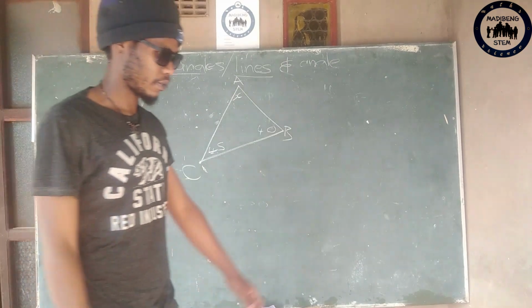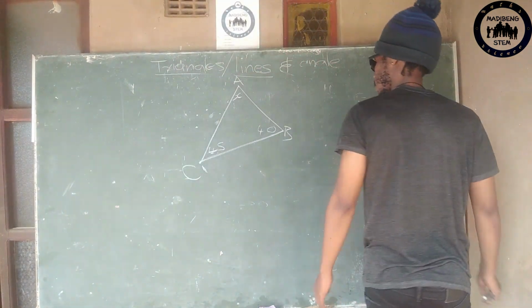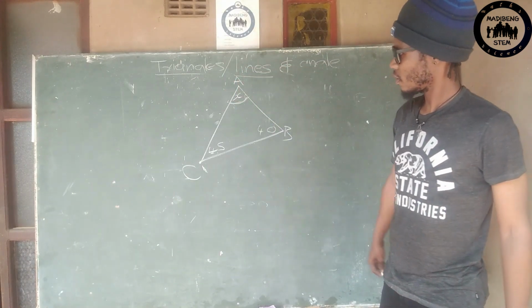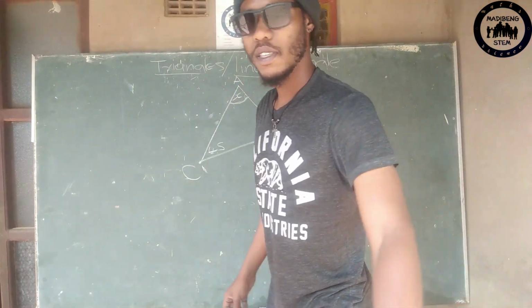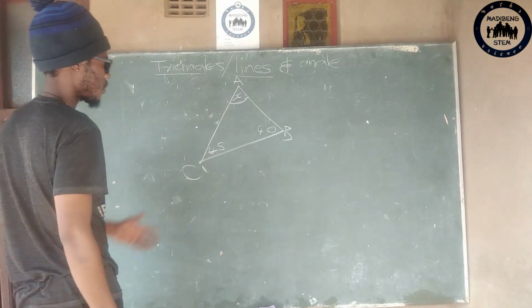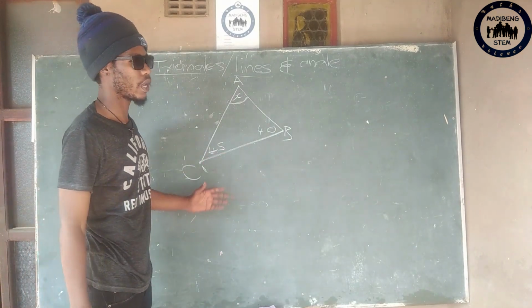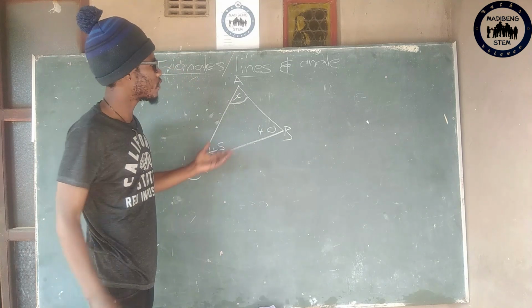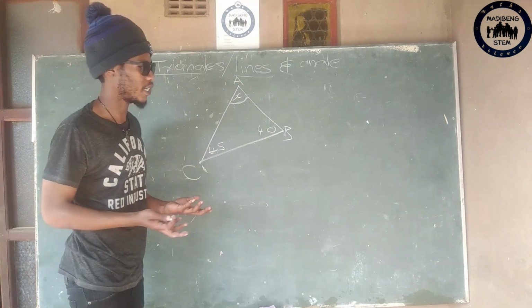This is a triangle. Find this angle, x. First thing, you must know that the sum of the interior angles of a triangle is equal to 180.